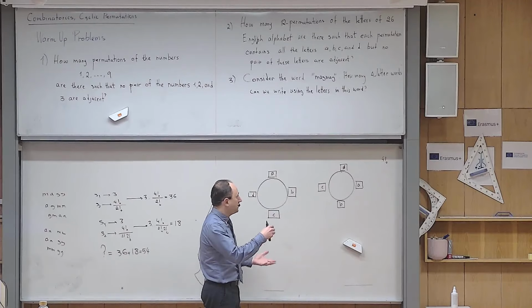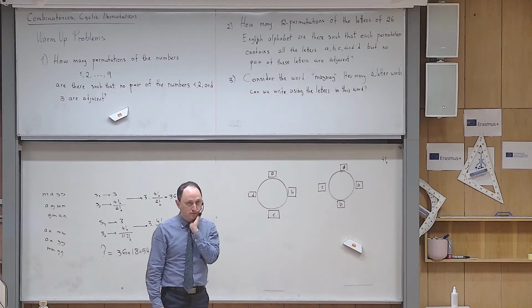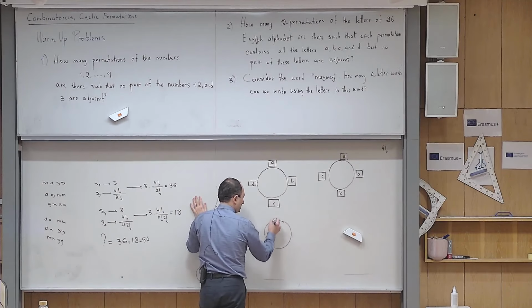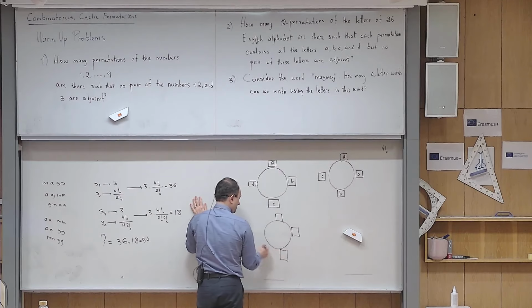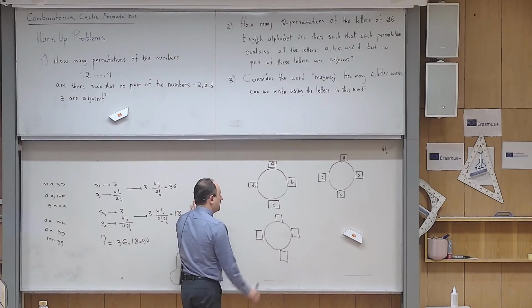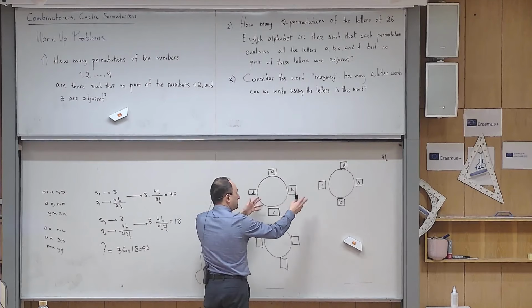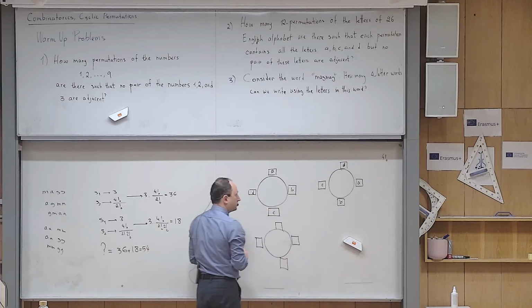Can you tell me another arrangement which is still the same arrangement considering cyclic permutation? And how many of them are there? Yes? Okay, I wrote two of them for you. As far as cyclic permutations are concerned, this and that are the same arrangements for me.